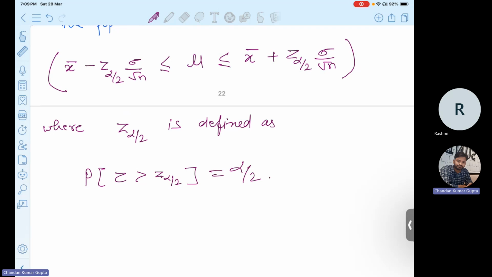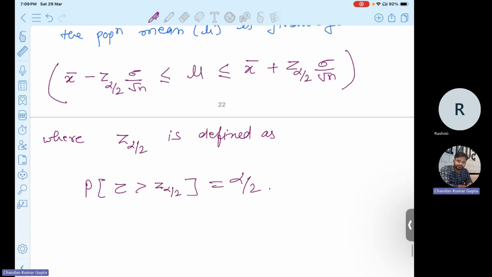This value is taken from the normal table. This is how we construct the interval estimate, or the confidence interval at alpha level of significance, when the variance sigma square is known.